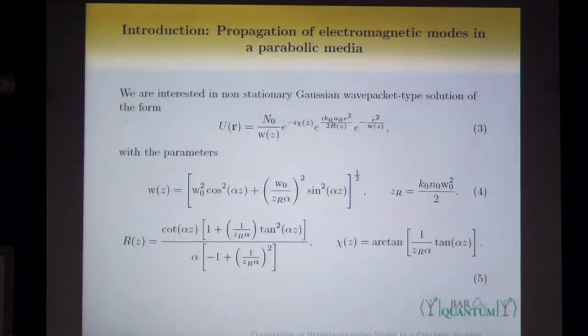W is related to the beam width, and we can see it is in terms of cos and sin. And R is related to the curvature radius of the wavefront of the beam, and we can see this parameter is in terms of the other parameter, which is longitudinal.